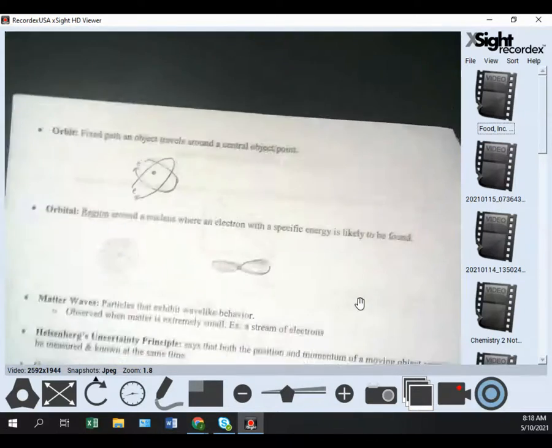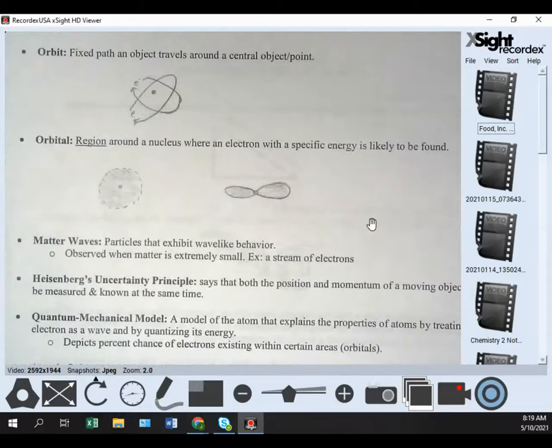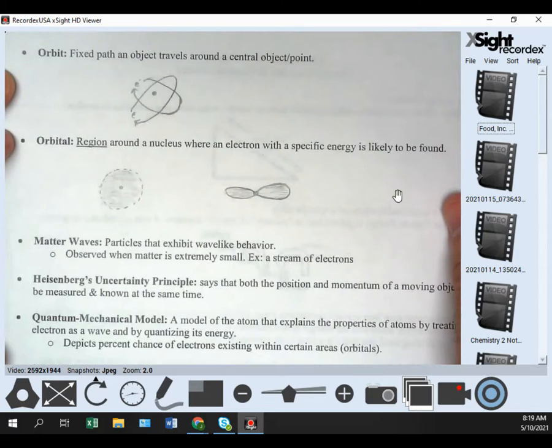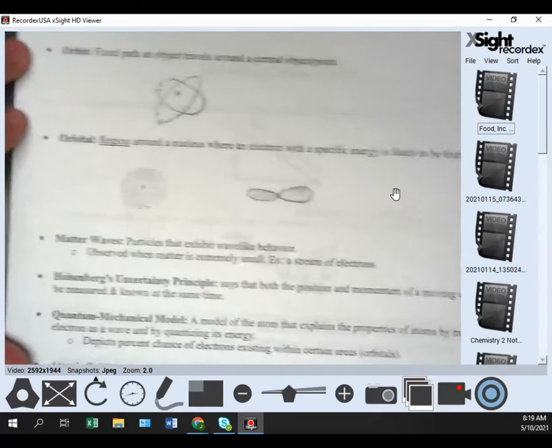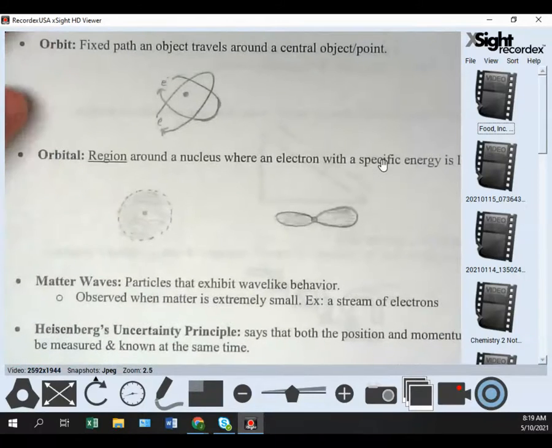So we've got some definitions here that are important to know when we're talking about this stuff. There is a difference between the word orbit and orbital. An orbit is a fixed path an object travels around a central object or point.